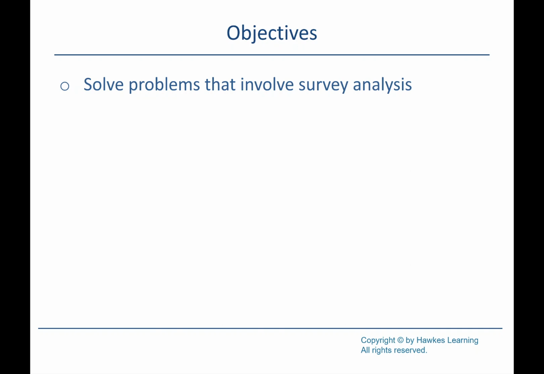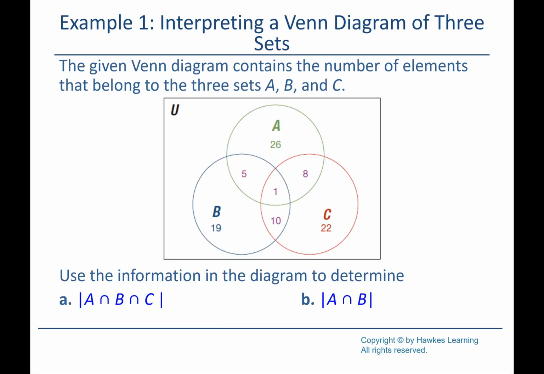So one thing that is going to be a little different is we're finally doing a Venn diagram that has 3 circles. So far we've only looked at 2 circles at a time. But other than that, it's really nothing more complicated than what we've been doing. So let's look at one that has 3 circles here.